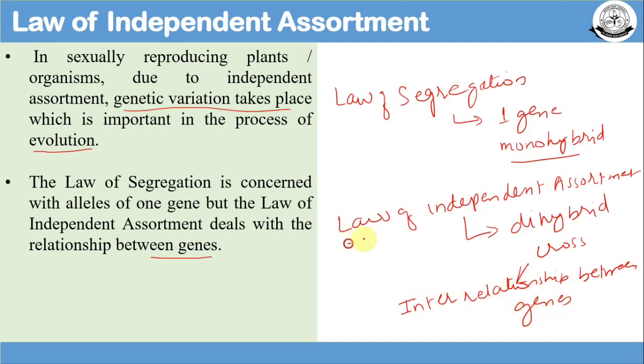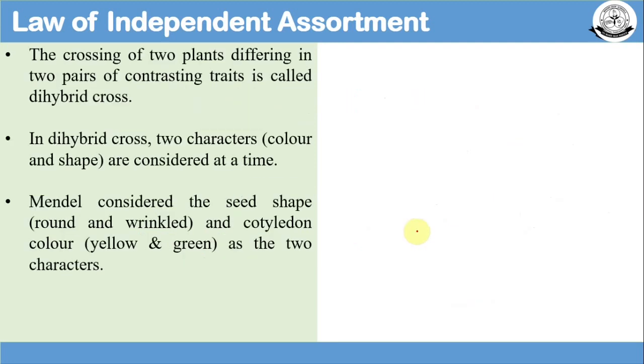Right, so remember that law of independent assortment is implied by dihybrid cross, law of segregation is implied by monohybrid cross. Okay, so the crossing of two plants differing in two pairs of contrasting traits is called dihybrid cross.